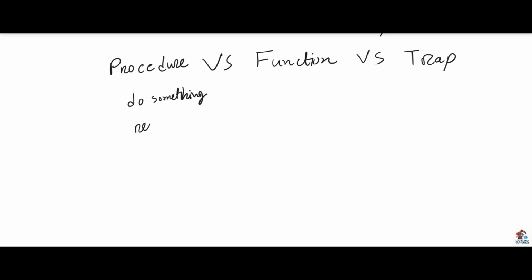It will return nothing. Function is mainly used for calculation, and it will always return a value. Trap is mainly used for interrupts.